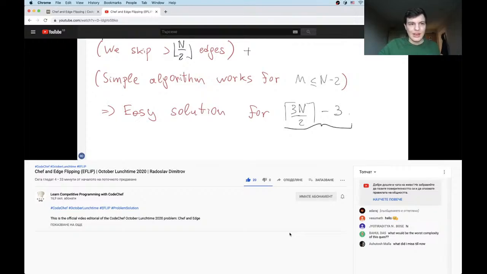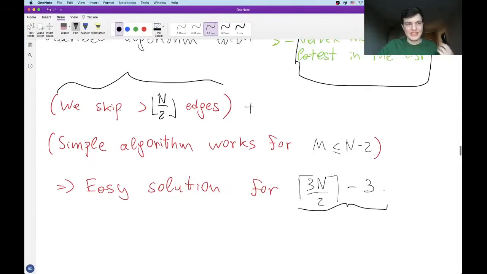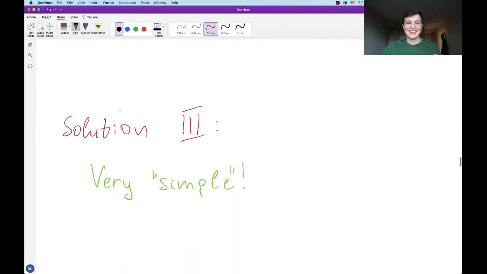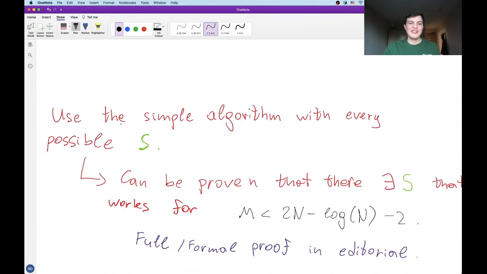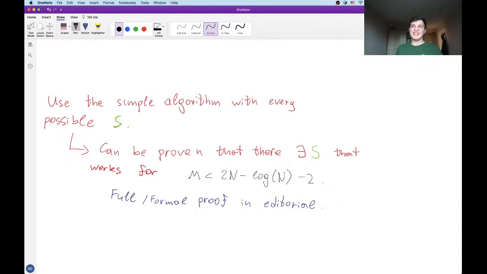So yeah, let's get back to the final subtask, which again is very simple. And by very simple, what I mean is that instead of just fixing a specific S, let's just choose every possible S from 1 to n and run the stupid algorithm.